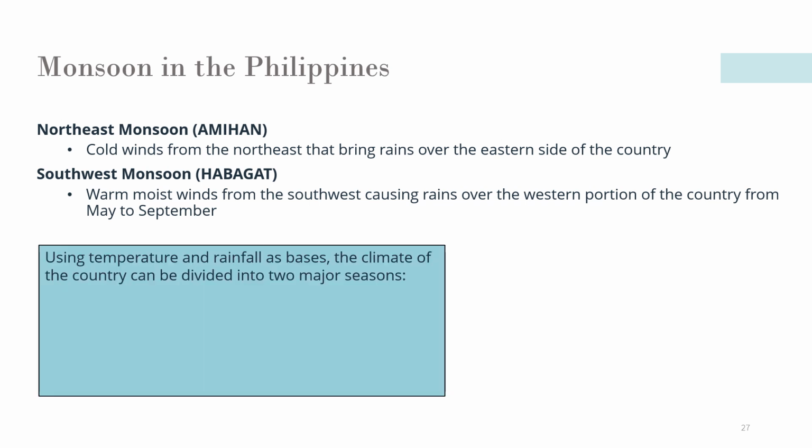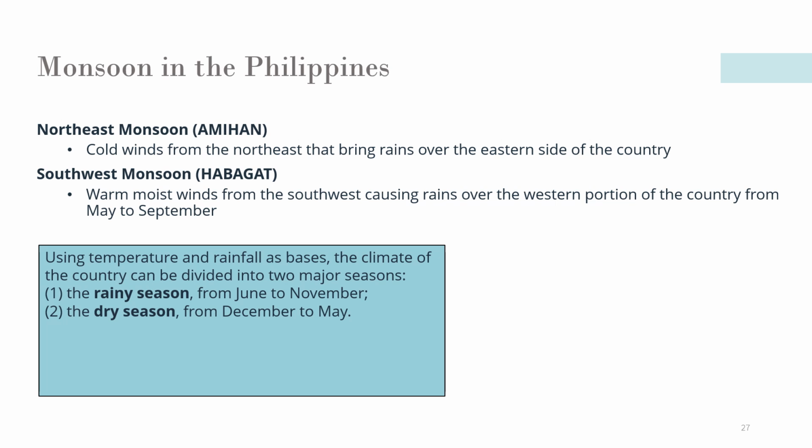So further, using the temperature and rainfall as basis, the climate of the Philippines can be divided into two major seasons, which we are, as always, experiencing, and we already know this. So we know this as the rainy season from June to November, and the second season is the dry season from December to May.